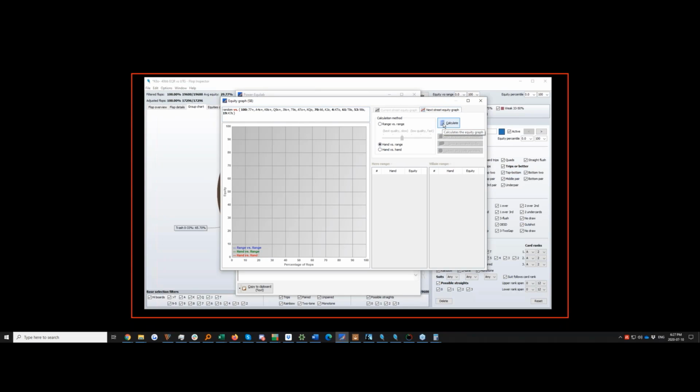You just put the hand and it shows you a graph, but it just shows you a line, and you can see from the line in what slope you have what. This actually is going to show you their hand versus range equity of the entire range against a random hand. But basically, this is what Equilab has.